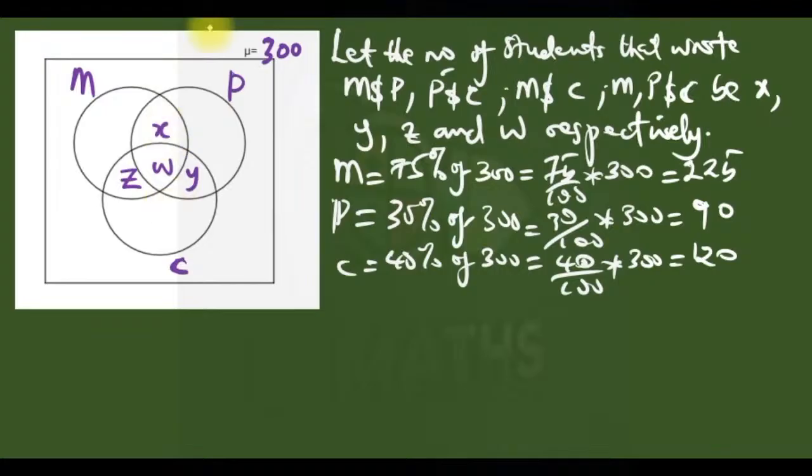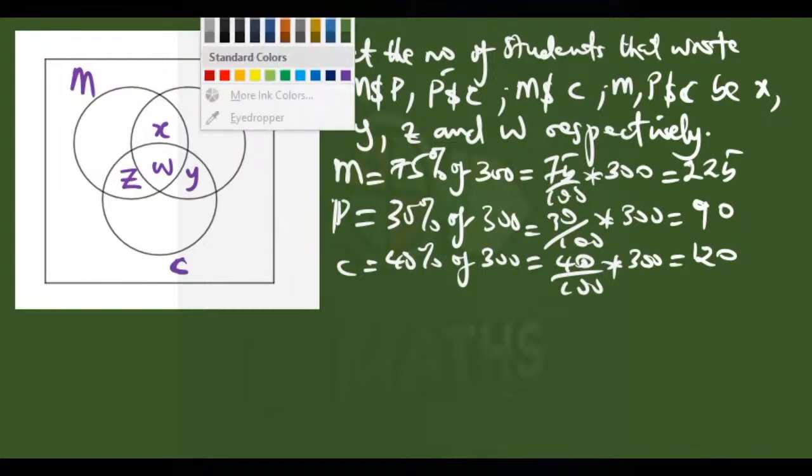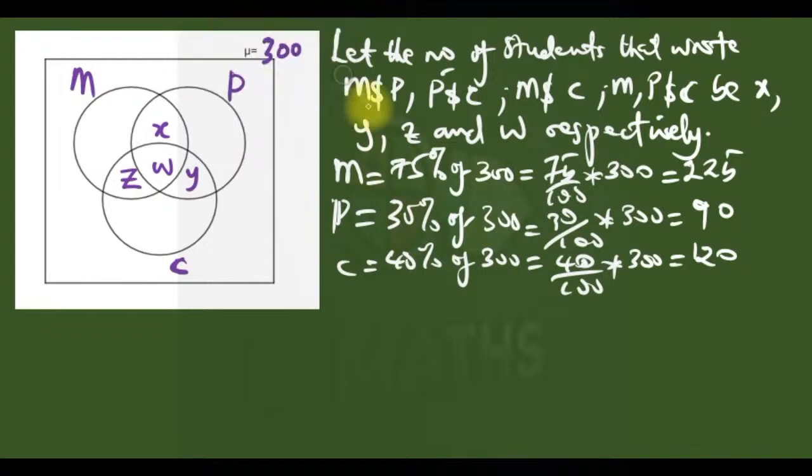So for the people that wrote only maths, it will now be 225 minus these ones, which is X plus W plus Z.